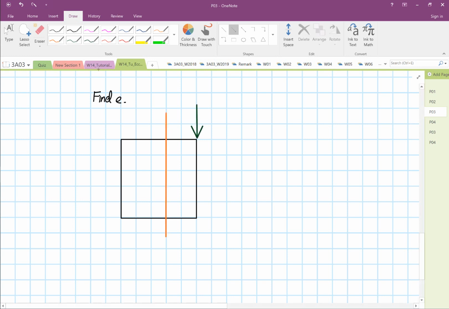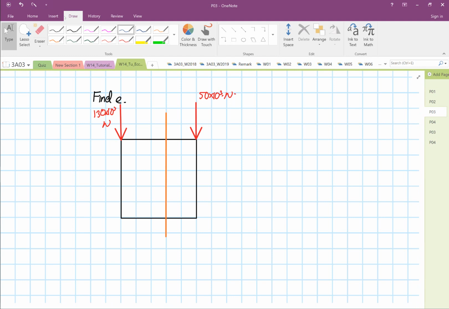One is at 50, and the other one is at 130. So we know that this load is 50 times 10 to the power 3, and the other one is 130 times 10 to the power 3 Newton.